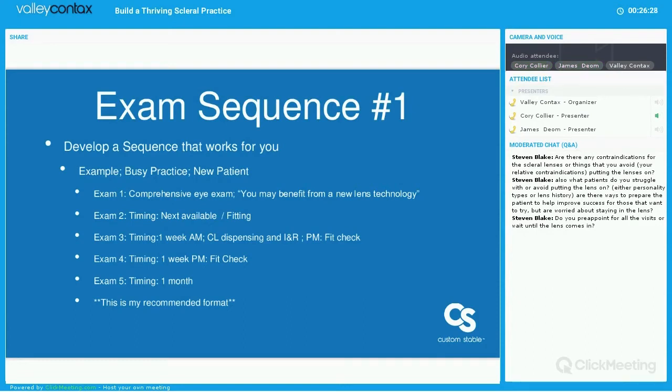Having worn the lens for a longer period of time, you can get a better look at the patient. At that point, you can either modify the lens or go ahead and schedule them for their 1-week follow-up if everything looks great with your first lens.